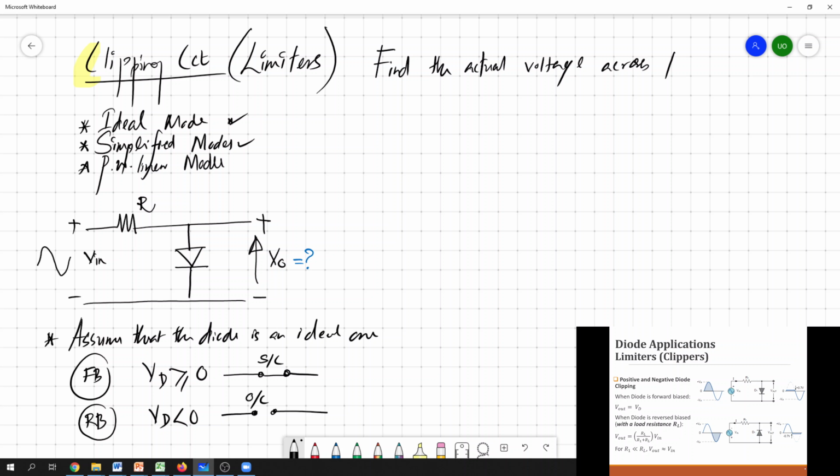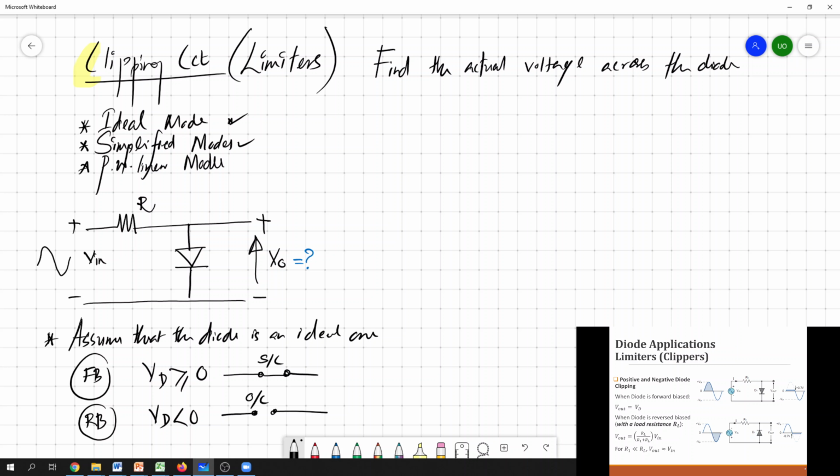Why do we need to find it? Based on the voltage across the diode terminals, we can identify whether the diode is forward biased or reverse biased.